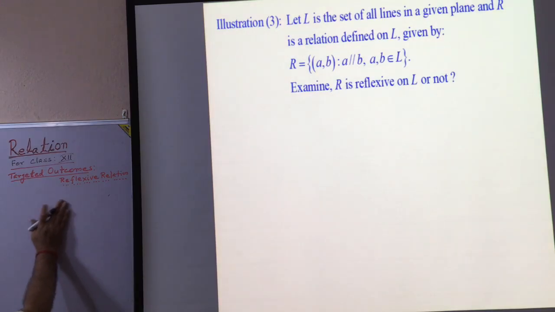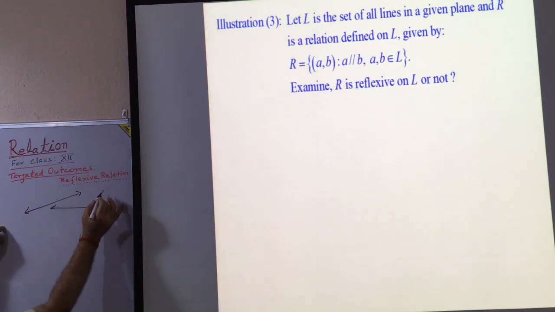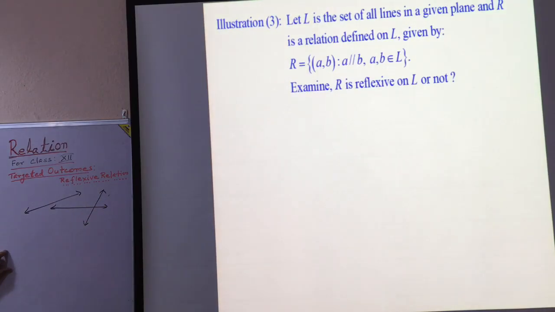Suppose this is the plane, necessarily this plane will contain infinite lines. All these lines are in the set L. Suppose this line is A, this line is B, this line is C, and similarly there are infinite lines in this plane.